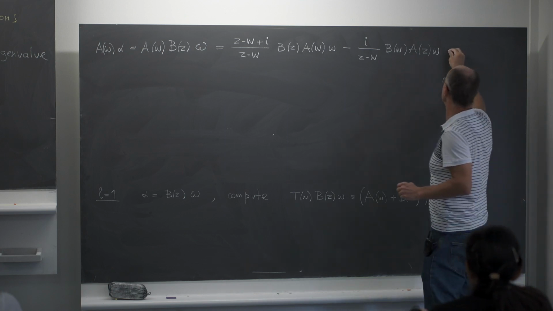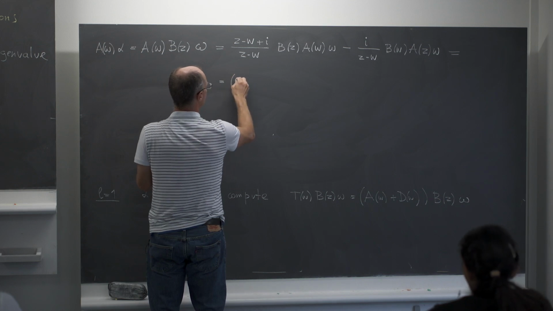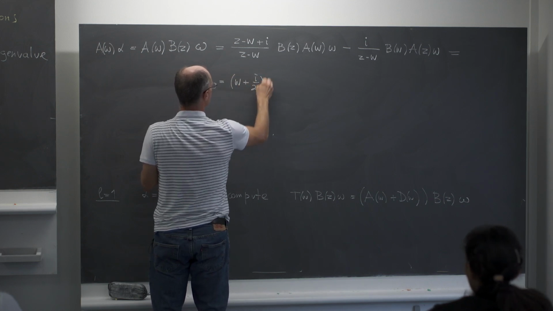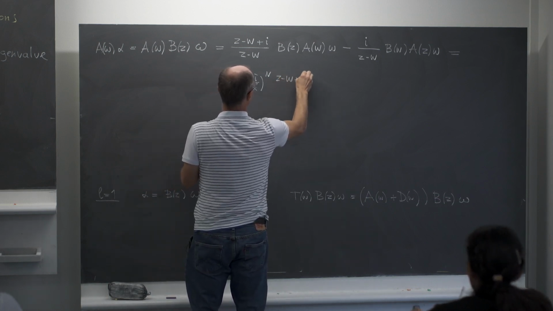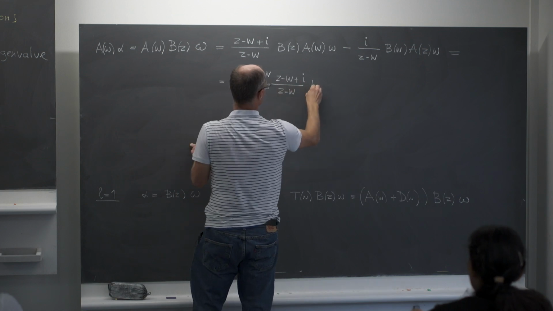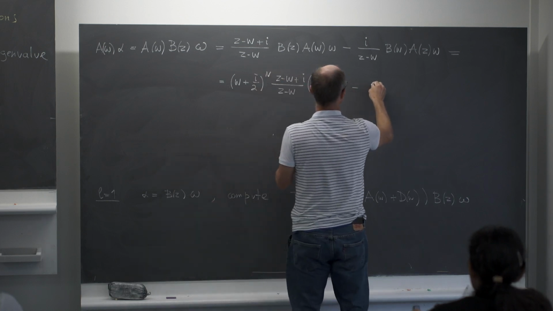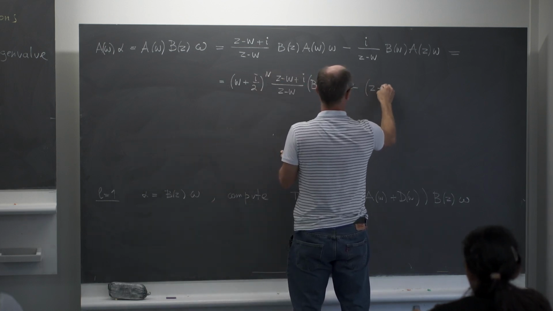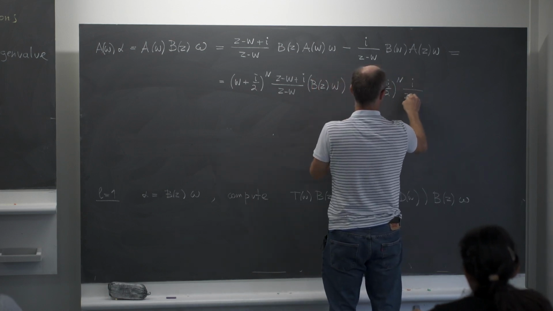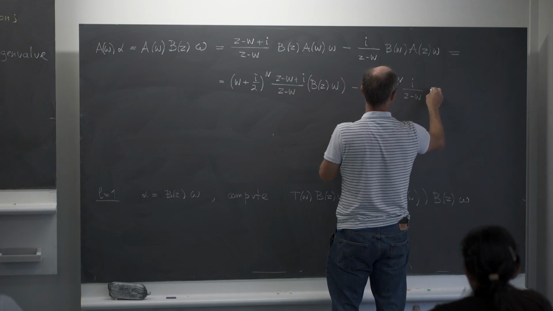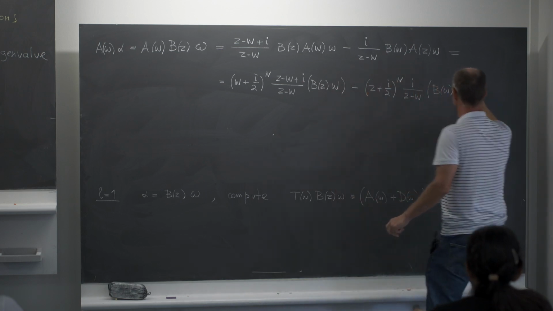Omega is a particularly simple vector, so we actually know that this gives us w plus I over 2 to the power n, z minus w plus I over z minus w, B of z omega, minus z plus I over 2 to the n, I over z minus w, B of w omega.